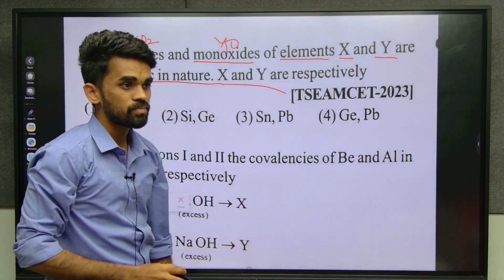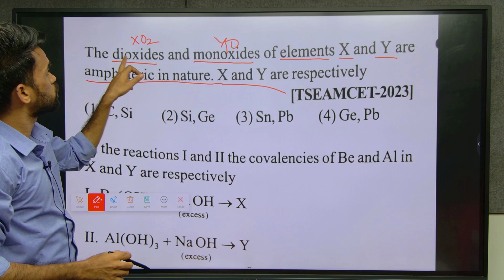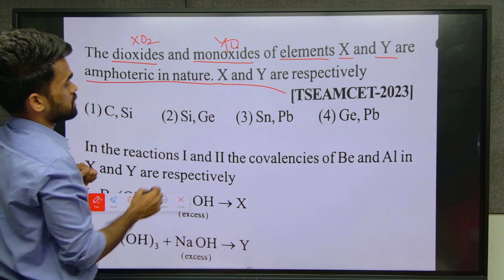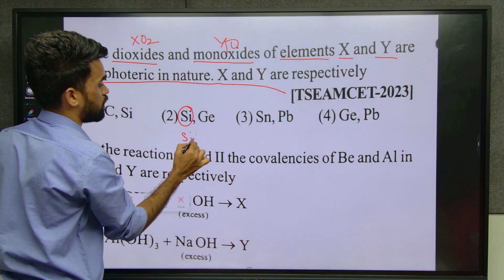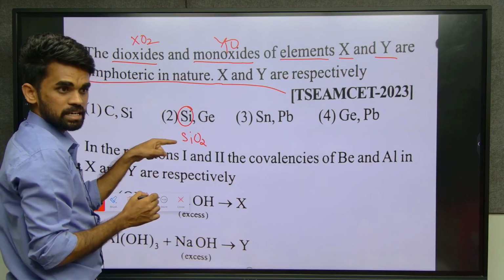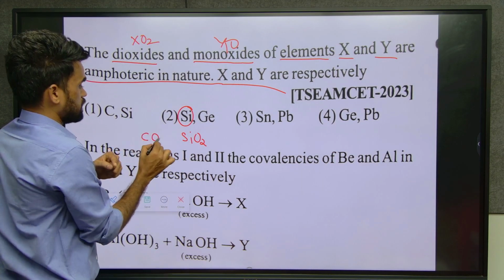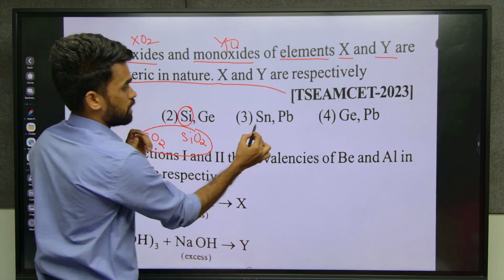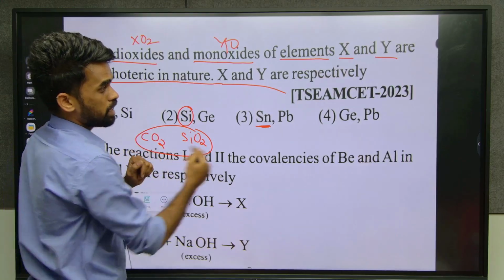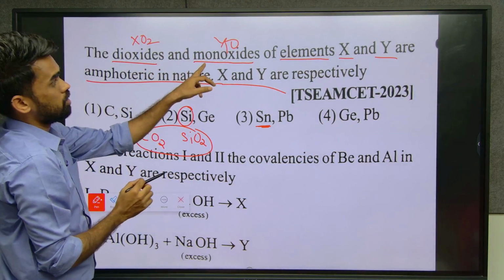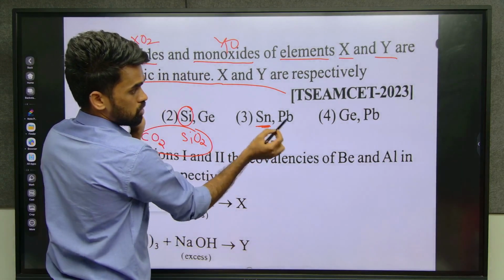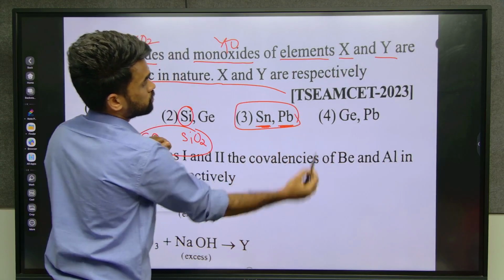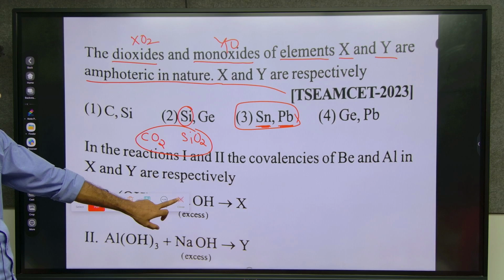So what are these? Dioxide should be amphoteric. For which one? See, silicon dioxide, what is this? It is acidic. CO2 and SiO2 are acidic, I told you. But it should be amphoteric only. It can be shown by this one, and by this one also. Monoxide also. So what is your answer for this? Sn and Pb. Okay, next.